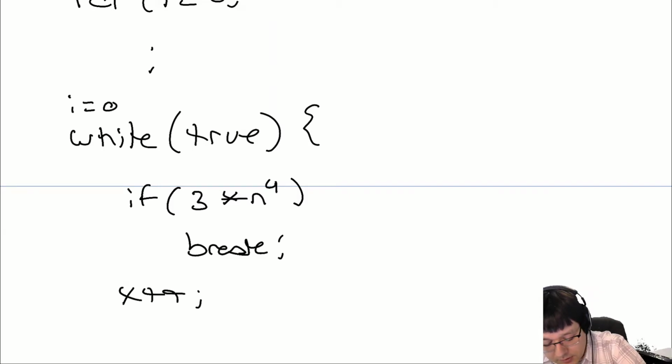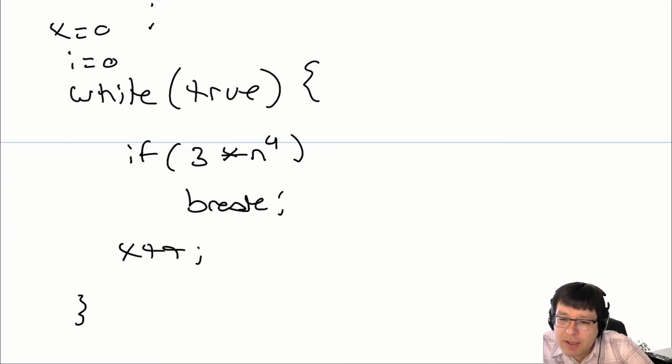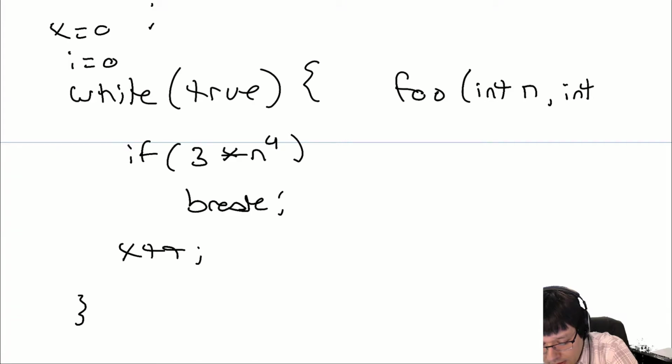Otherwise you do x++, right? Because it's just whatever we said that we're counting. It doesn't really matter what's there. Okay? Why am I writing ghetto code like this? Because once you do it like this, it's just super obvious how to make it into recursive code. Because now if I call the recursion, let's just call it foo, the function foo, and we pass as a parameter here the value of n and then the value of i, and I suppose we could pass x, but we're not going to do x.